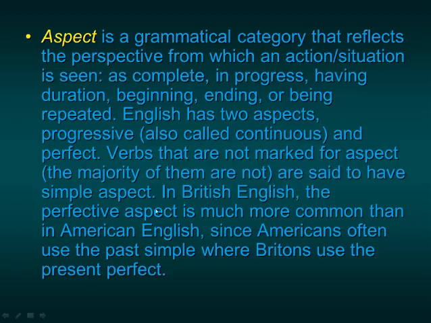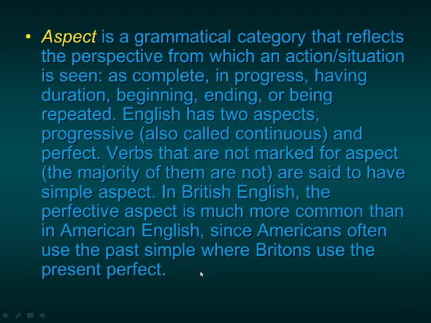In British English, the perfect aspect is much more common than in American English, since Americans often use the past simple where the British use the present perfect. These are some differences between British English and American English.